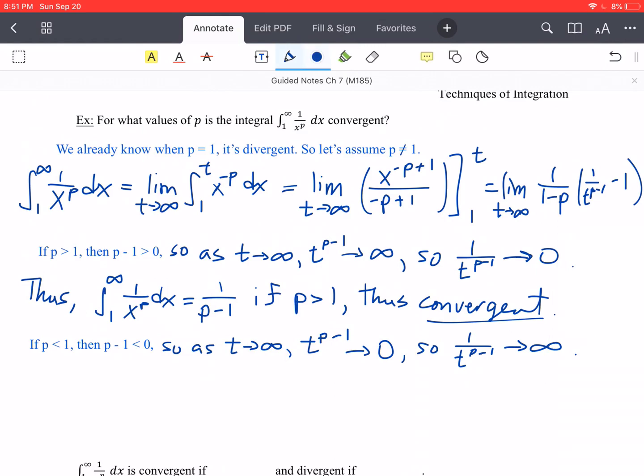So that's going to be heading off towards infinity. So if this value is heading off towards infinity, no matter what this value is, as t goes to infinity, this is going to keep growing and growing infinitely large. So we can say, thus, these values would be divergent.